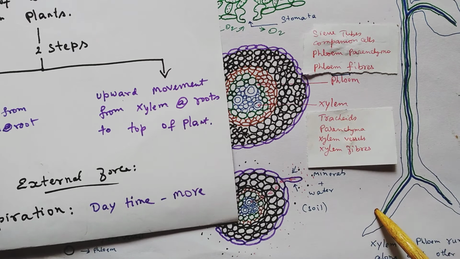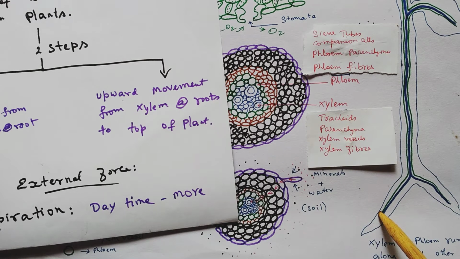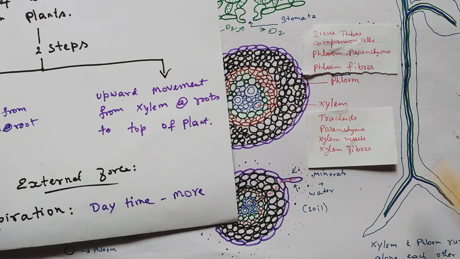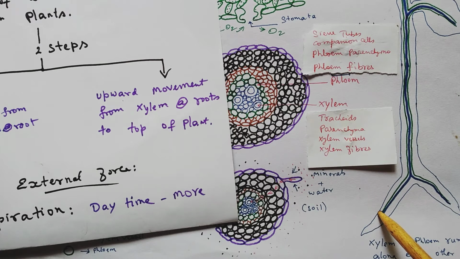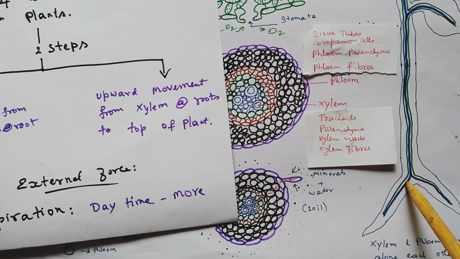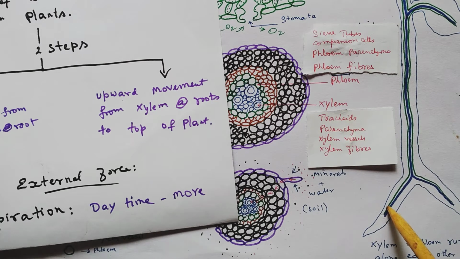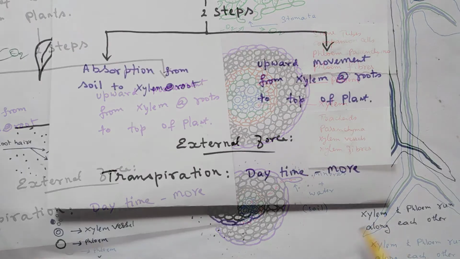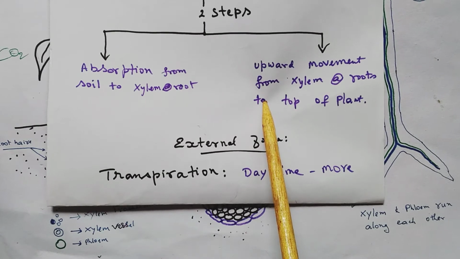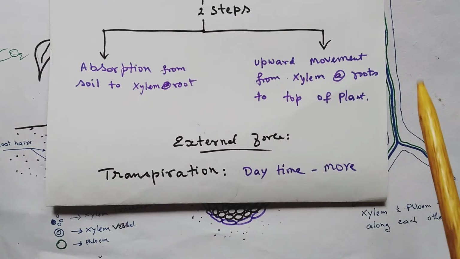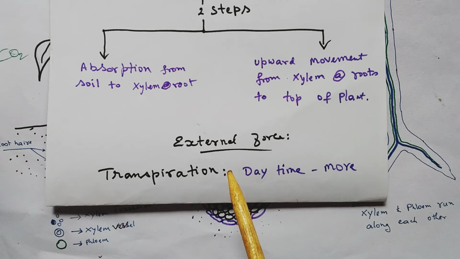The movement of water molecules and minerals from here to the upper side of the plant is carried by another pressure which we call root pressure, and the pressure present in the root keeps on generating to push the water and minerals from this root area to the upward region. However, when the plant is very tall, these 2 steps are not enough to take water from the root to the shoot, to the upper side of the plant.